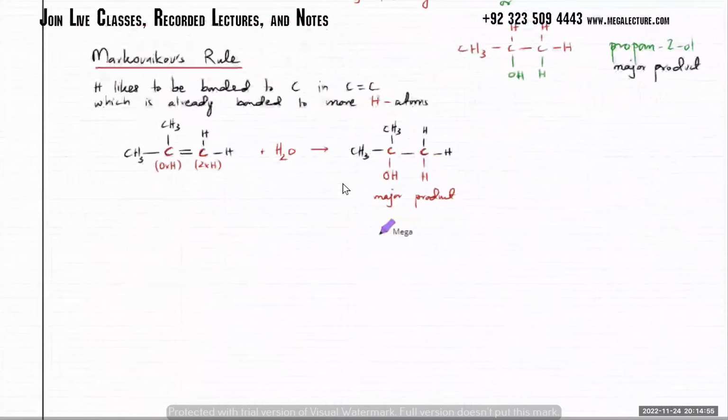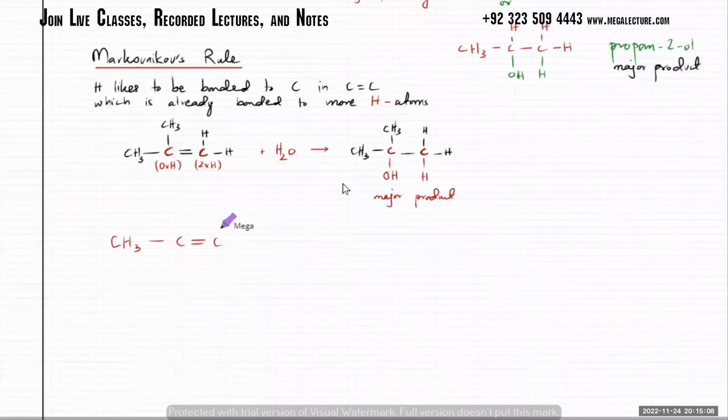That's the issue. Okay, so let me draw the mechanism first. The mechanism is when you have an unsymmetric alkene, so it's got a double bond, and there are H atoms on one side, and there is carbon branches on the other side.